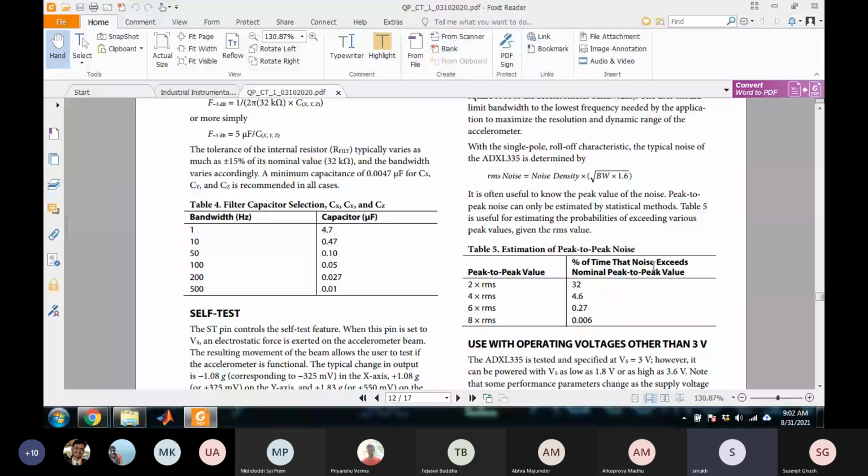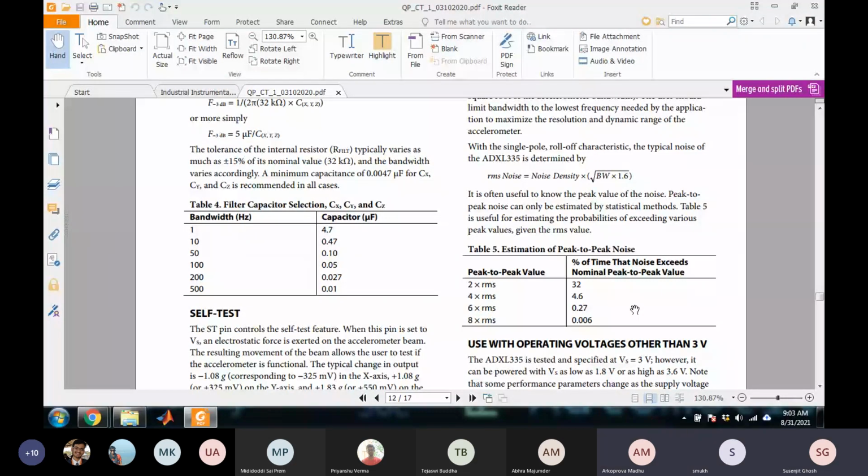So the probability that it is outside 6 RMS, plus minus 3 meaning total peak to peak is 6, the mean being assumed 0, that the peak to peak value will be more than 6 times RMS is limited to 0.27% of the time, because the probability is 99.73. Yes, got it. That's the idea.